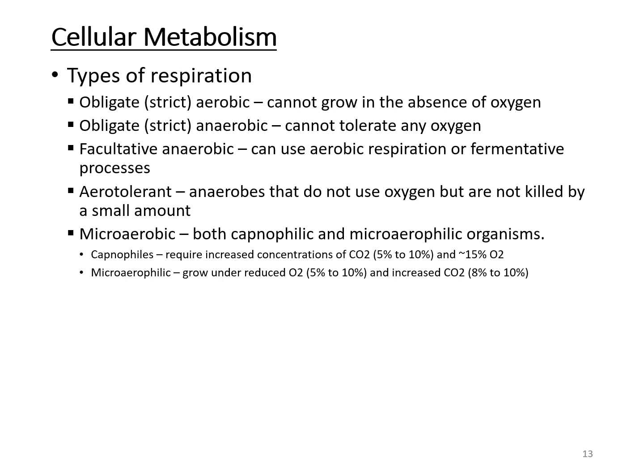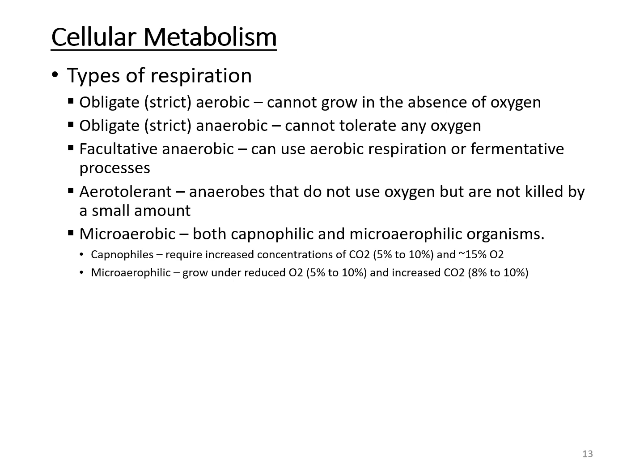Now, an obligate strict anaerobe, so ana meaning without, that anaerobic organism cannot tolerate any sort of oxygen. If an organism is facultative anaerobic, it can use an aerobic respiration or fermentative type of process in order to generate that energy.